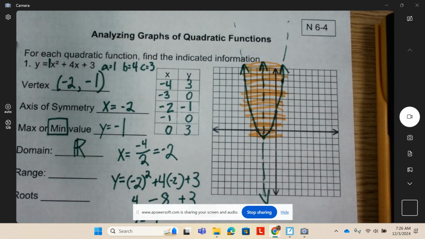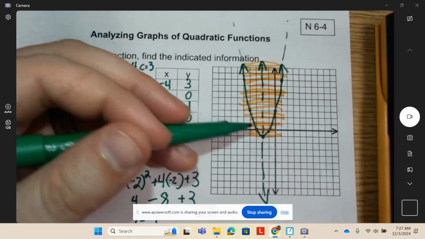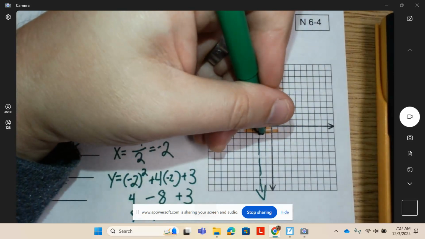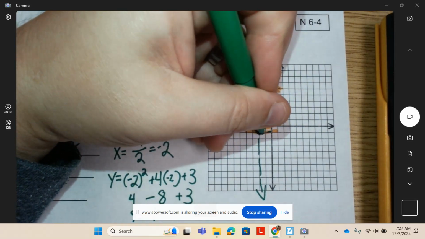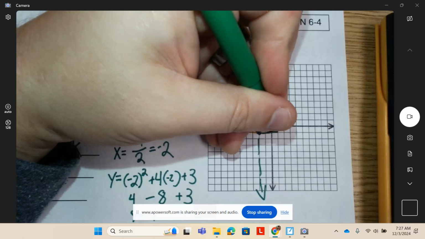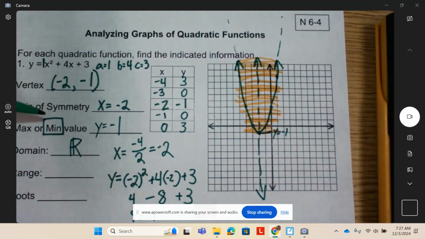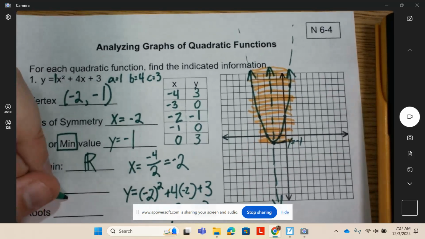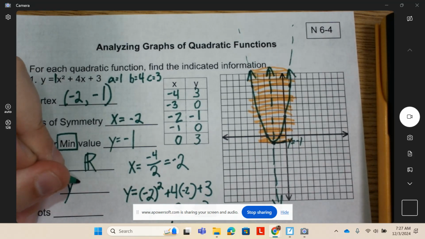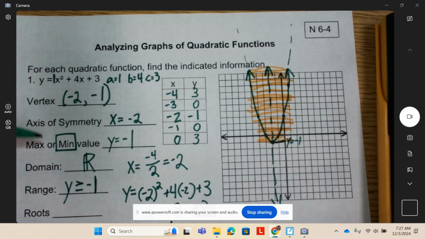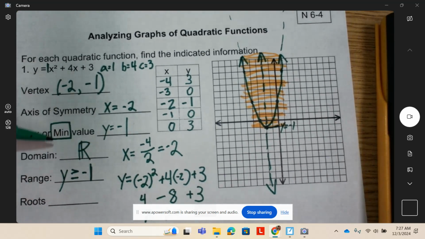Everything I was able to highlight is above this line, and that's where y equals negative 1. So all of those y values are greater than or equal to negative 1. Since I have a minimum, you notice the similarities there. The lowest point is y equals negative 1, and everything is greater than that.